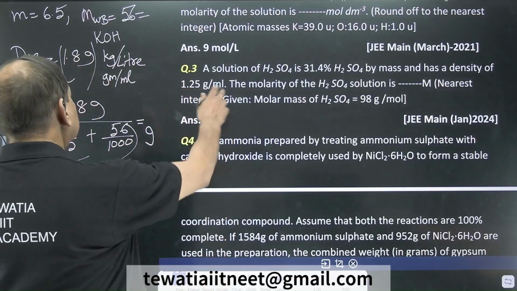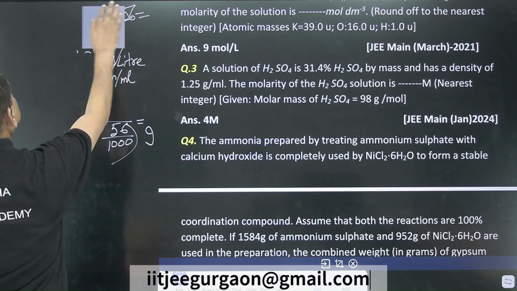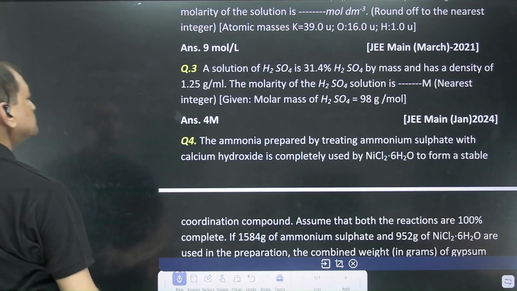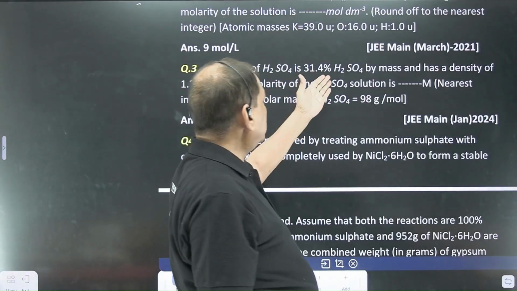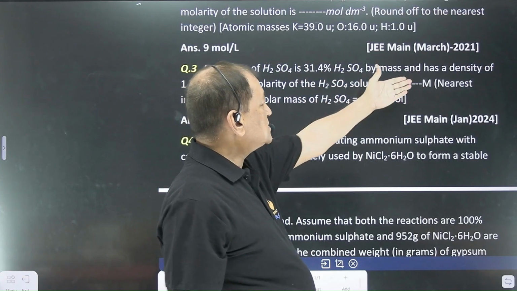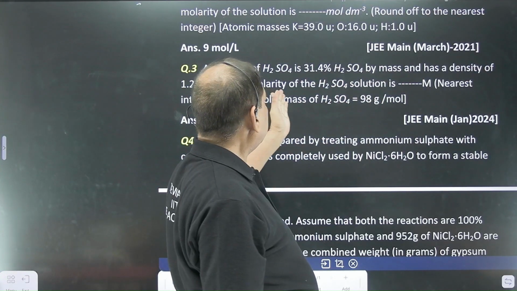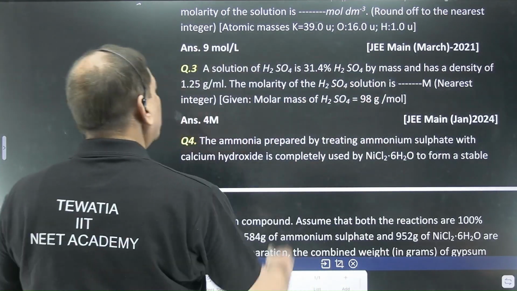Third question. A solution of H2SO4 is 31.4% H2SO4 by mass and has a density of 1.2 gram per ml. The molarity of H2SO4 solution is, again we have to calculate molarity.